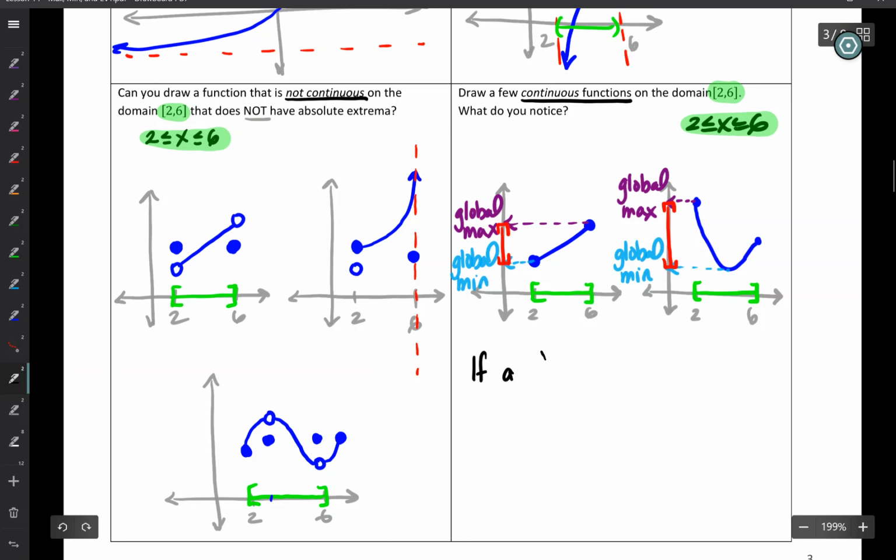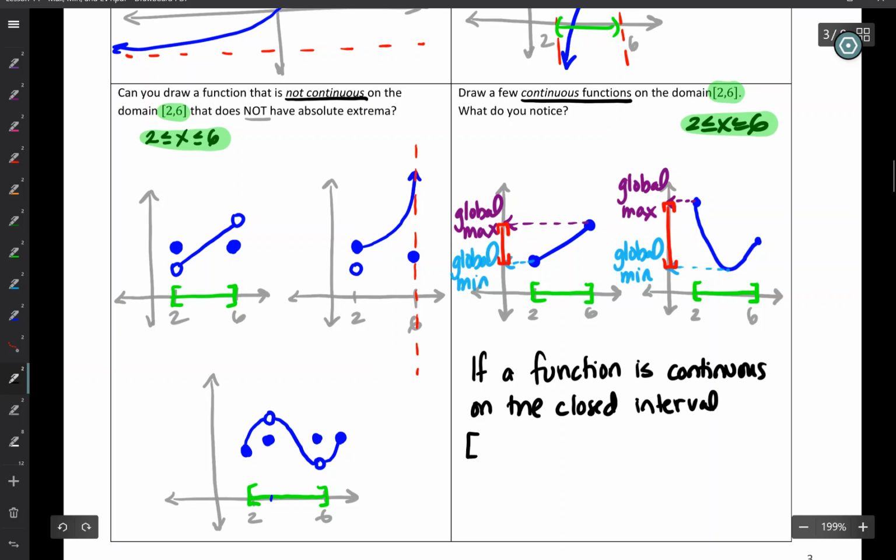So if a function is continuous on the closed interval, in this case 2 to 6, there must be a global max and a global min.